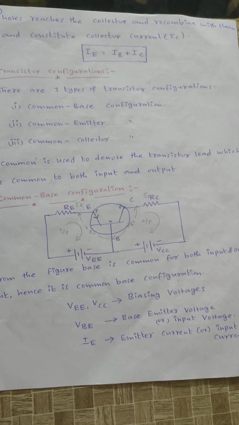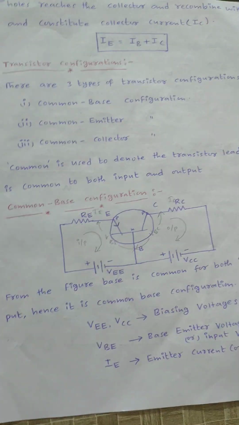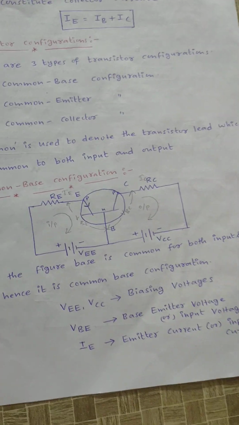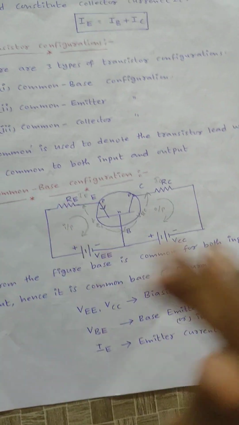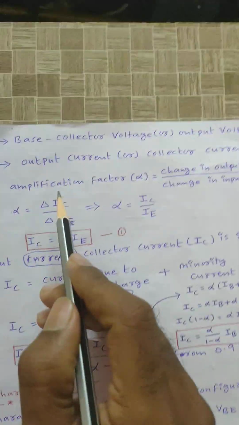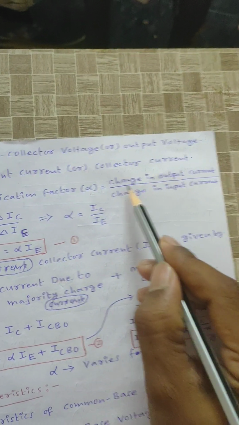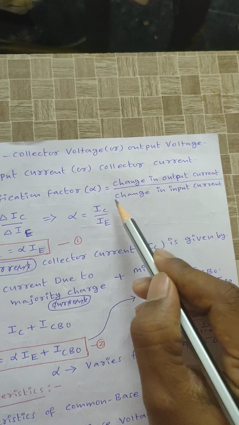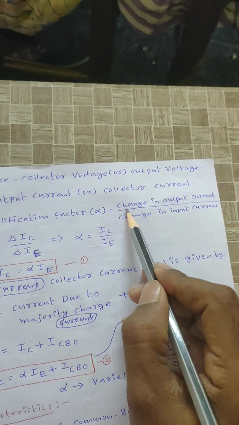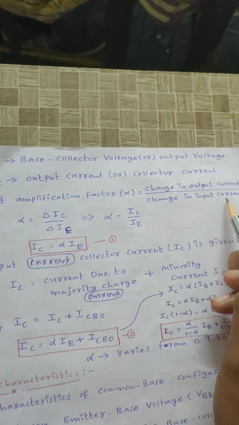Next, from this circuit diagram, we need to calculate the current amplification factor. In the case of common base configuration, the current amplification factor is denoted by alpha, which equals the change in output current divided by the change in input current.